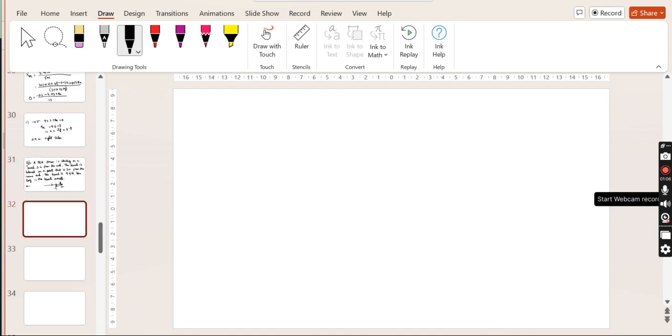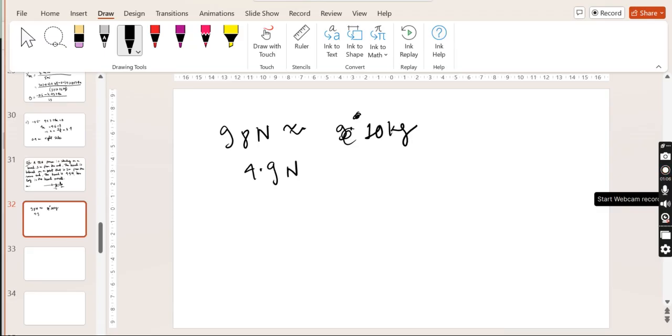First, the person's weight and the board weight have been given in Newton. We need the mass of the person and the board. So 98 Newton is basically 10 kg, and 4.9 Newton is basically 5 kg.